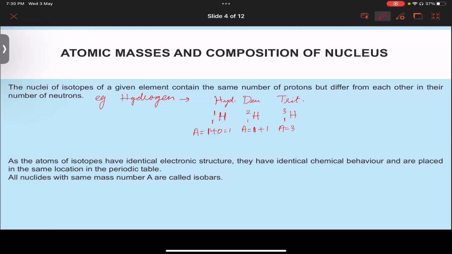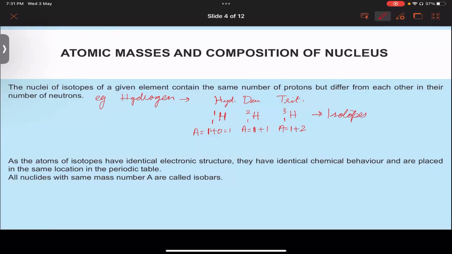So it has one proton, but it has 2 neutrons. So this is how we can write it. These are called isotopes, the isotopes of hydrogen.